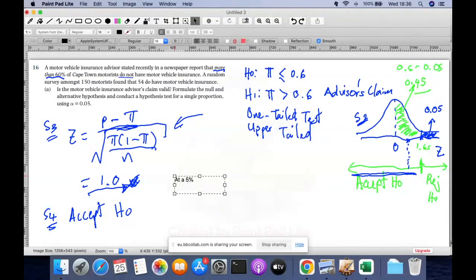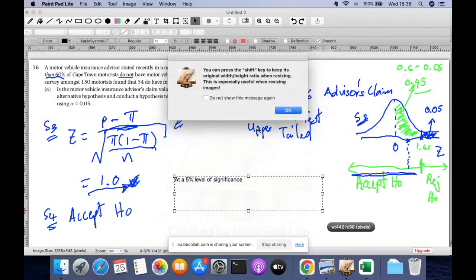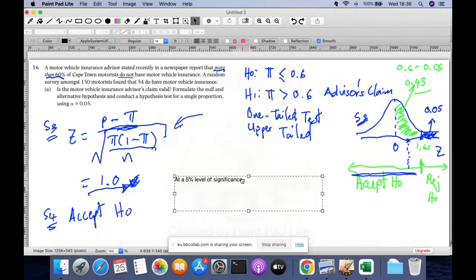So at a 5% level of significance, the data shows statistical evidence to support. You can kind of use what I have here as a template.